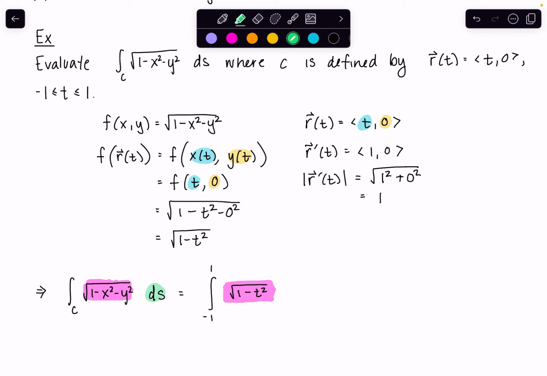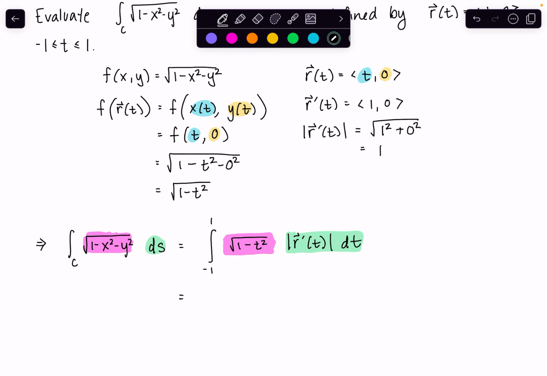And then ds has to turn into the magnitude of r prime of t dt. And so filling in what that is, this is negative 1 to 1, square root of 1 minus t squared, and then that really becomes 1 dt.